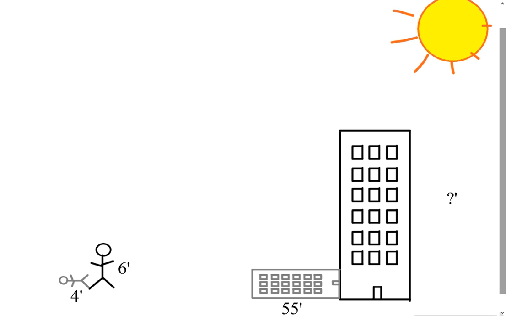Now, what's happening is these two figures, the person and the building, along with their shadows, create triangles. So when I look at this one, I have a triangle from the top to the top there. And then in the building, I have the same thing going on where we have a triangle right here. Okay?